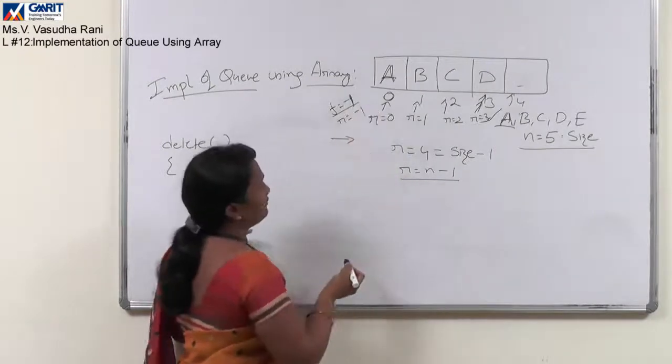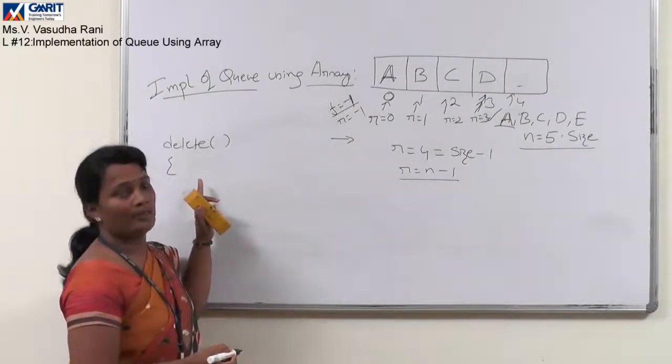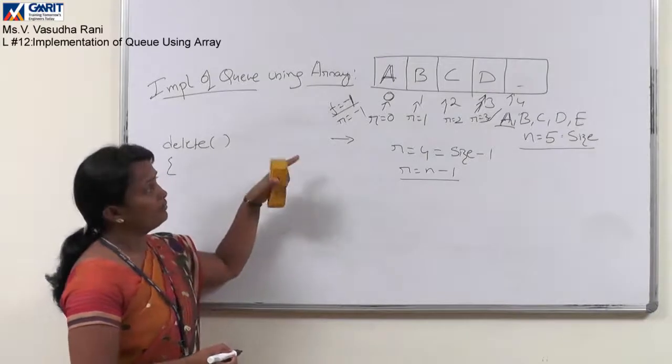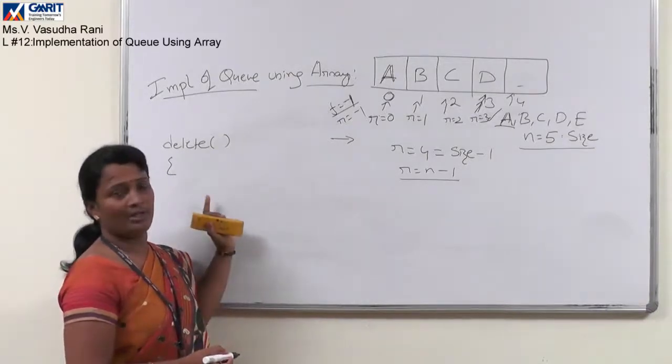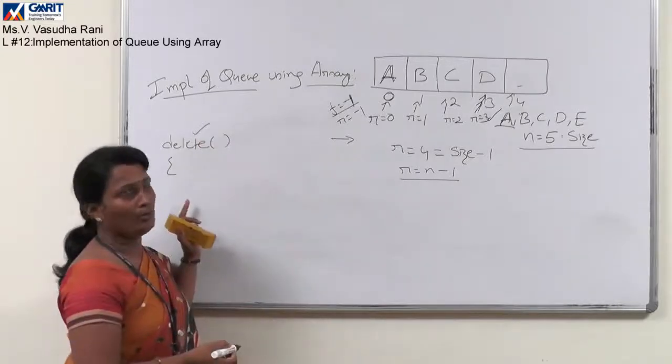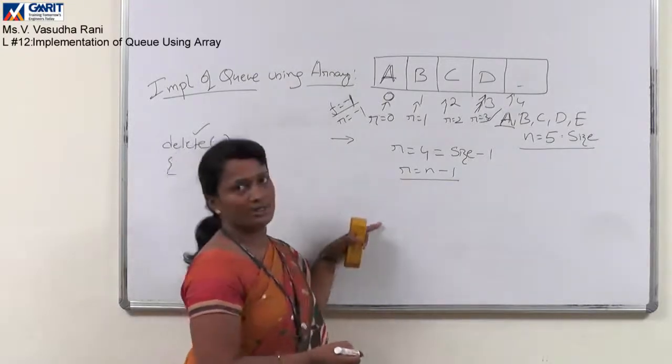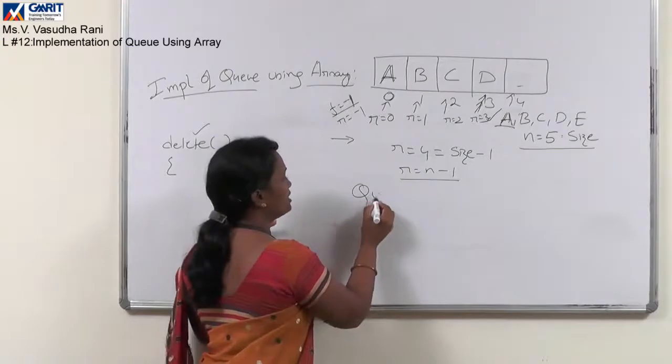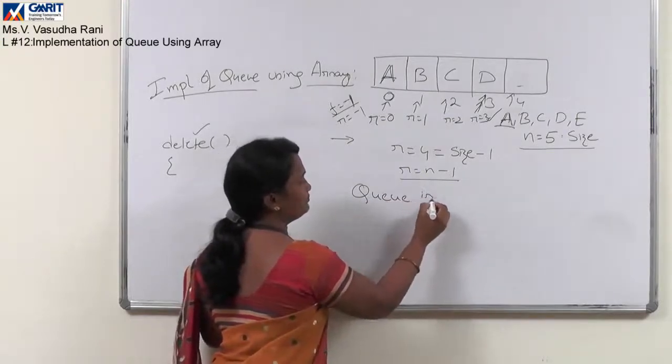So if there are no elements in the queue, is it possible to perform delete? No. So now we have to check the condition for when the queue is empty.